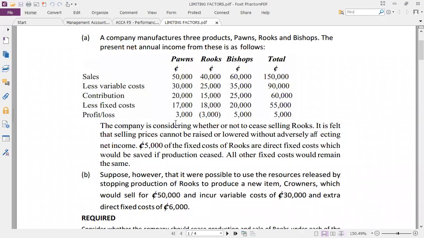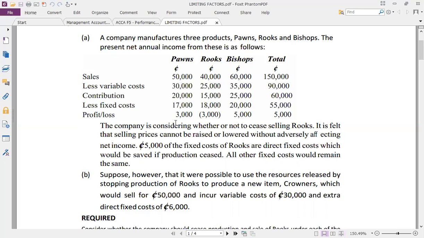The company is considering whether or not to cease selling goods. It is felt that selling prices cannot be raised or lowered without adversely affecting net income. 5,000 of the fixed cost of goods are direct fixed costs, which will be saved if the production ceased.